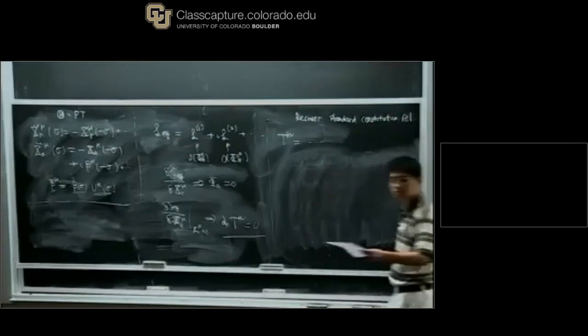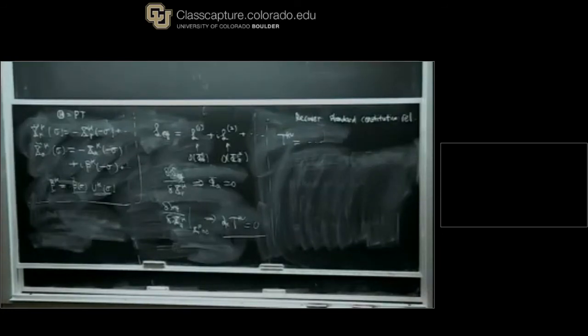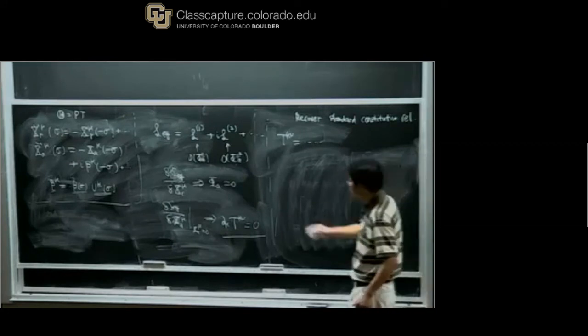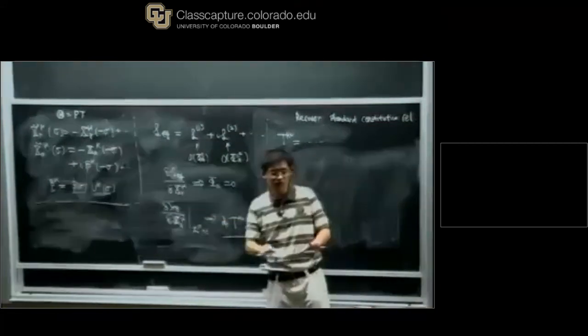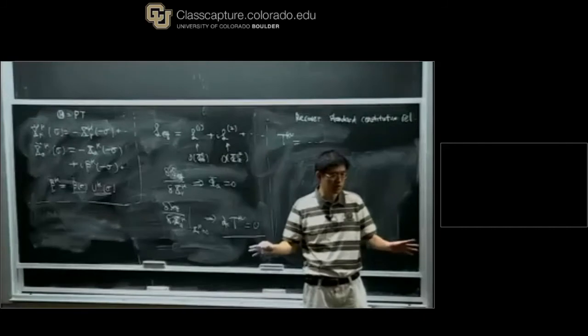Yes? So if we don't set the A field to 0, we get the system with the current flow. Yeah, at the equation of motion level, if you don't turn on the antisymmetric source, then you can always set the A field equal to 0.